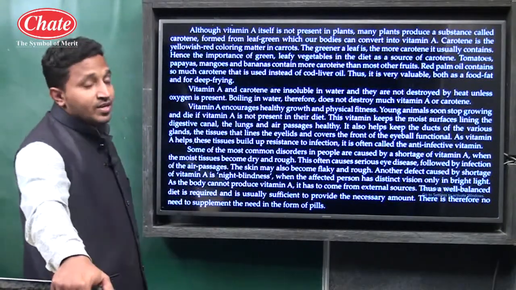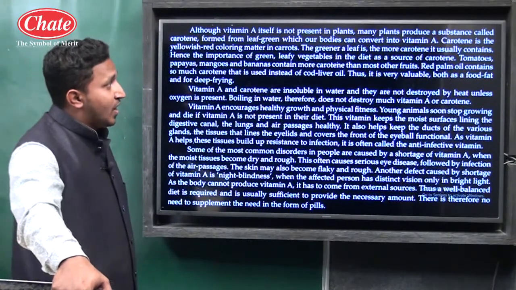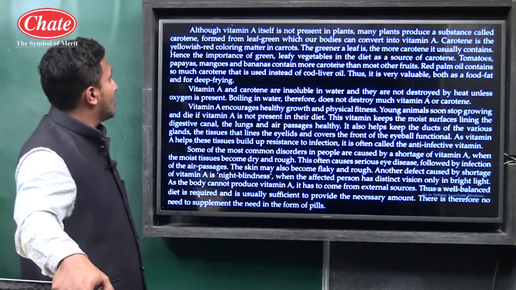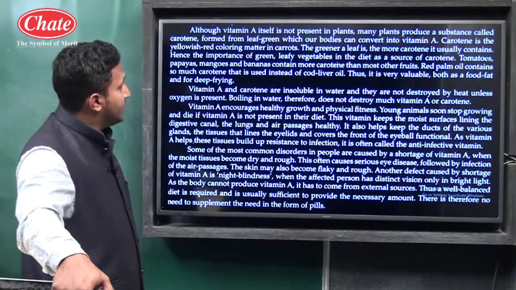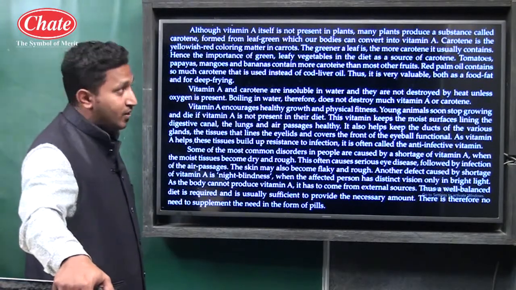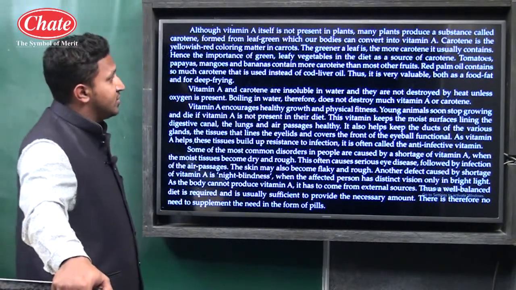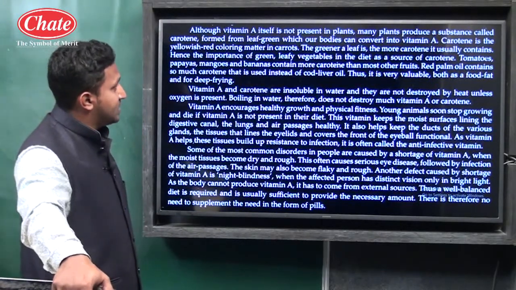Although vitamin A itself is not present in plants, many plants produce a substance called carotene, formed from leaf green, which our bodies can convert into vitamin A. Carotene is the yellowish red coloring matter in carrots.